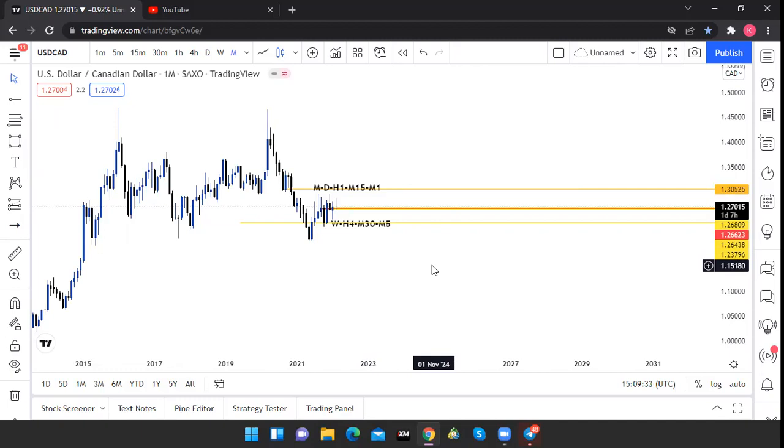On the first question from our friend about this marking, he asked how to get the entry because he's quite confused. He's already marking the monthly as the sell and the weekly as the buy, and as he goes to even smaller time frames, on daily and H4, he gets confused whether to take the buy or the sell.